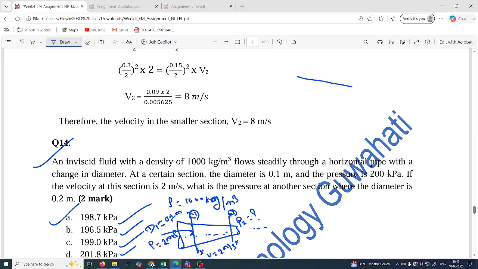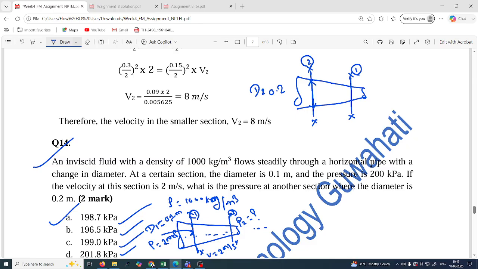Sorry, the figure should be like that, a similar figure, but here the diameter is 0.2 at this location. This is section 2 and this is section 1. So at section 2 your diameter d2 is 0.2 meter, this diameter here to here.